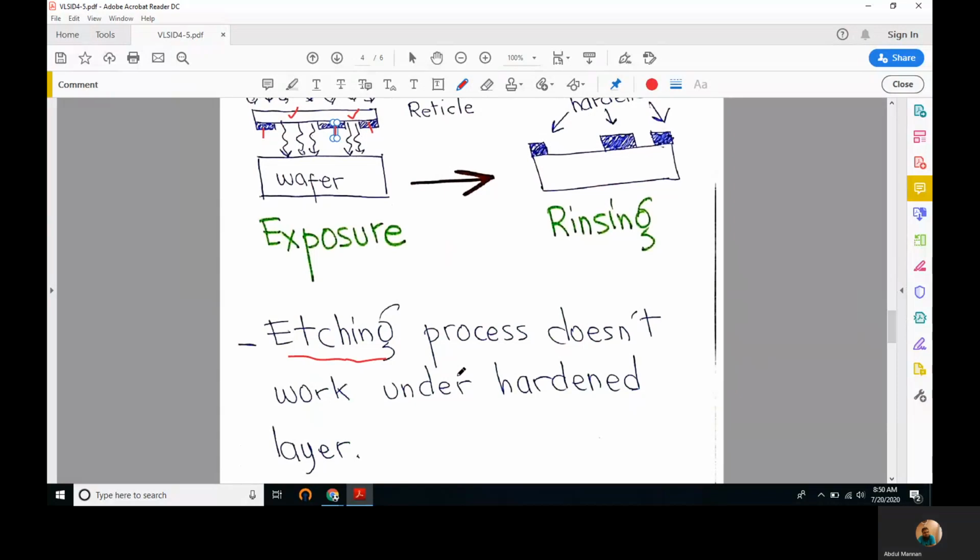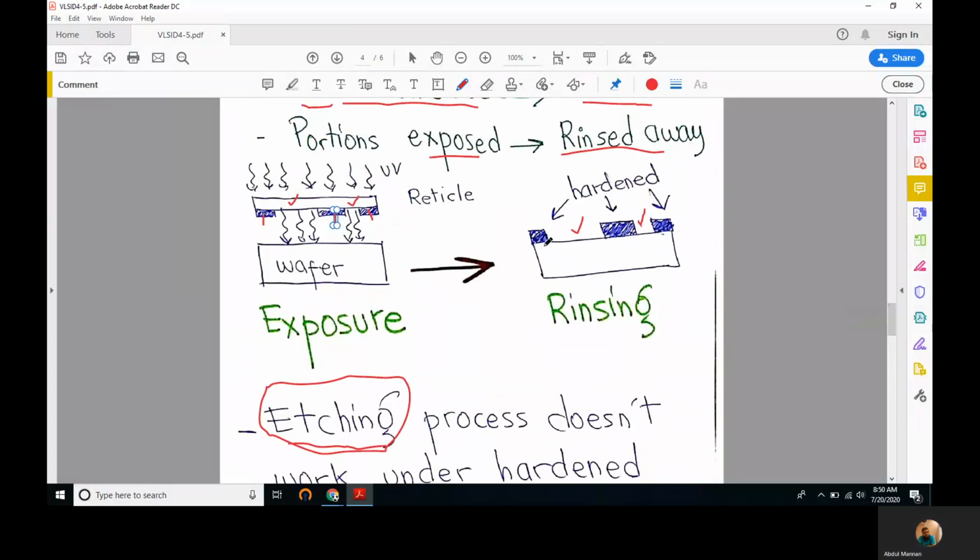The etching process doesn't work on hardened layers. The chemical etching process can be used to remove the portions that were under the UV light, but it doesn't work on the layers that were hardened, under the opaque portions, not exposed to UV light.